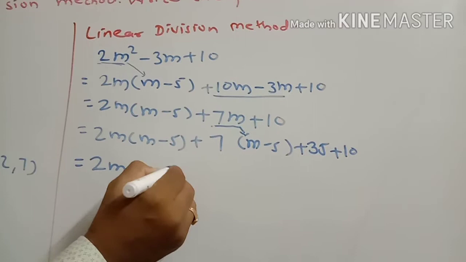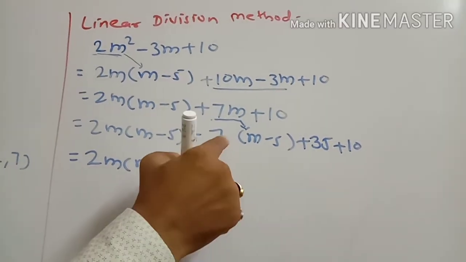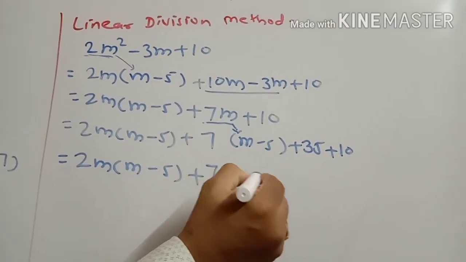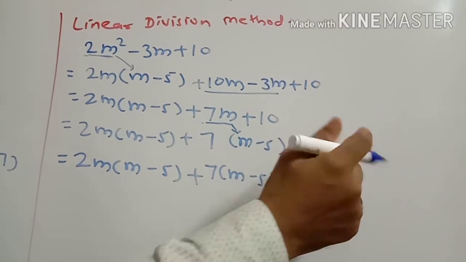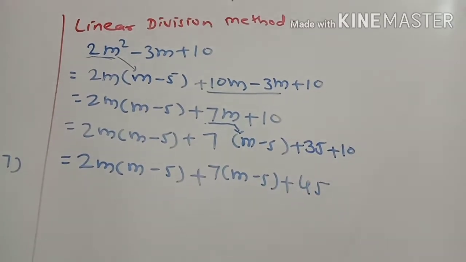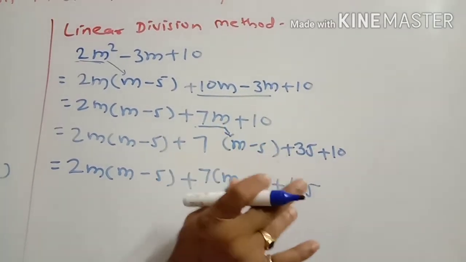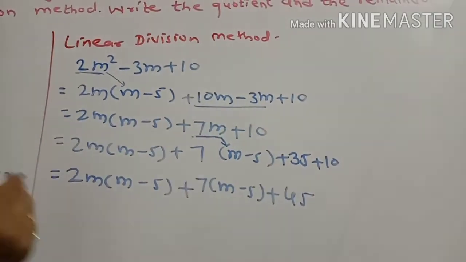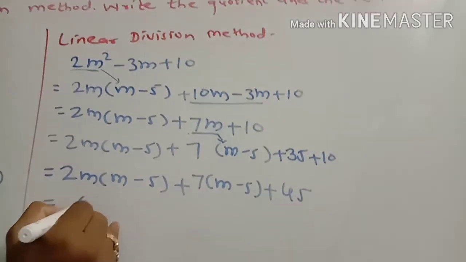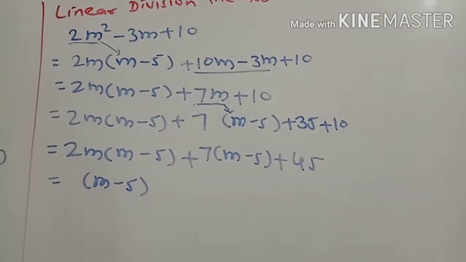2m into bracket m minus 5 plus 7 into m minus 5 and 35 plus 10, that is 45. Now in this 45 there is no variable, therefore this is our remainder. Now from the first two terms m minus 5 gets common.